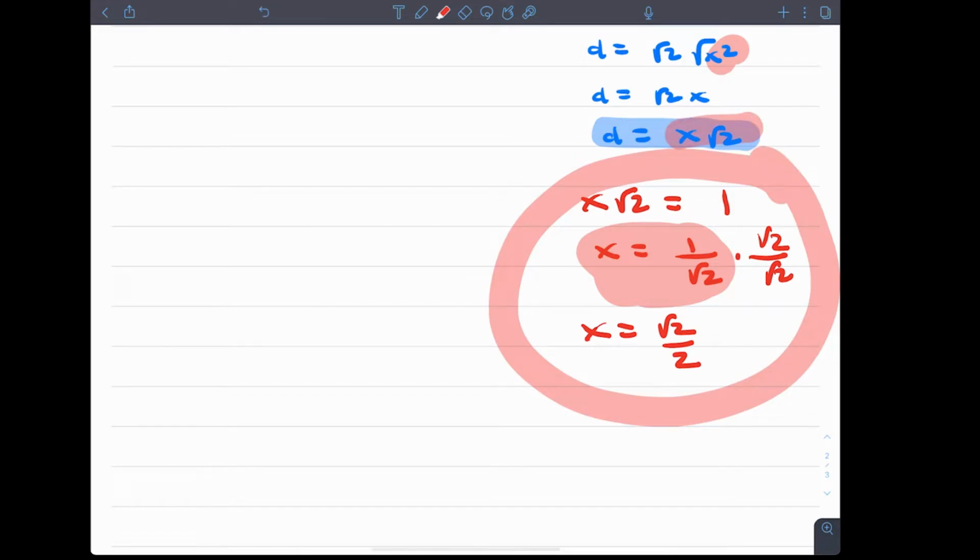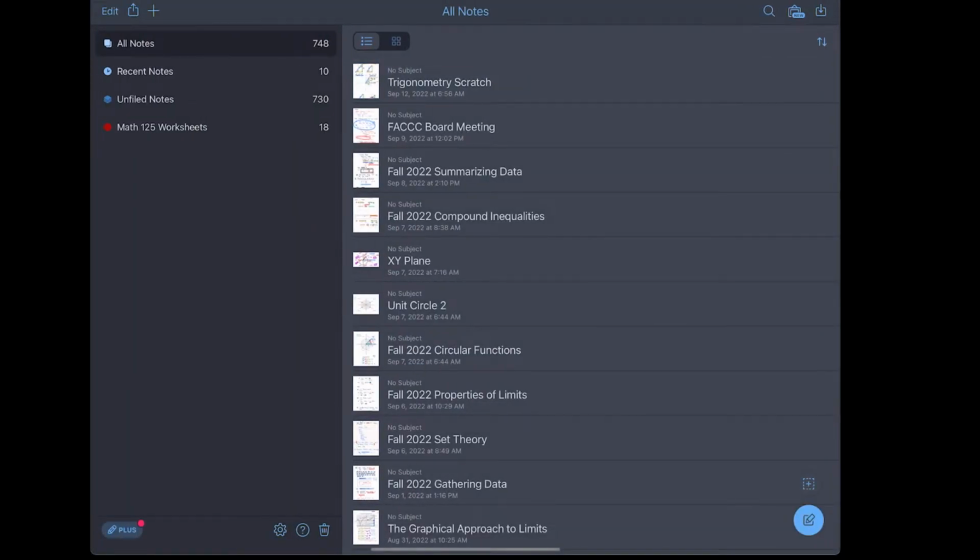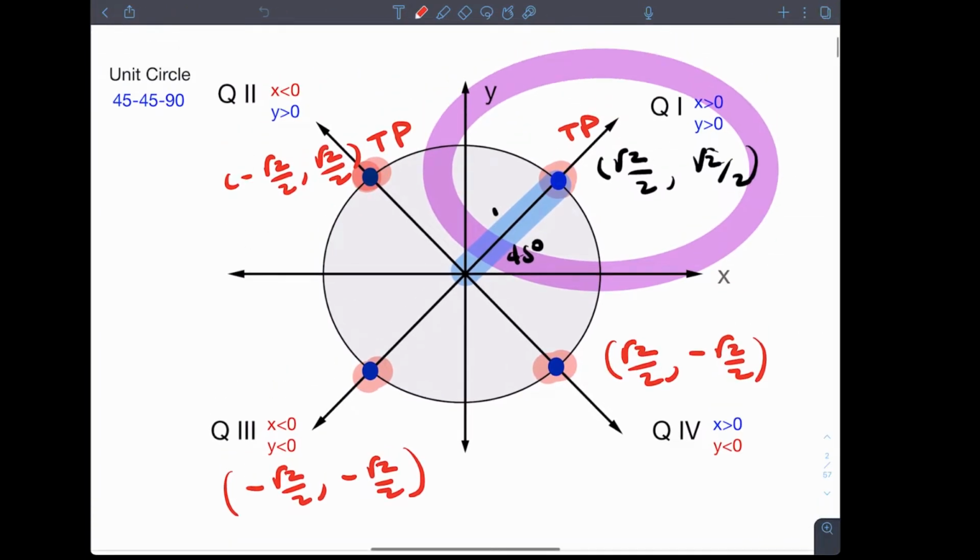We said, let the diagonal equal 1 unit, and then solve for x. If it's 1, we could get the x value. That's what we did. Okay? And that's really explaining something extremely important that we talked about last time.